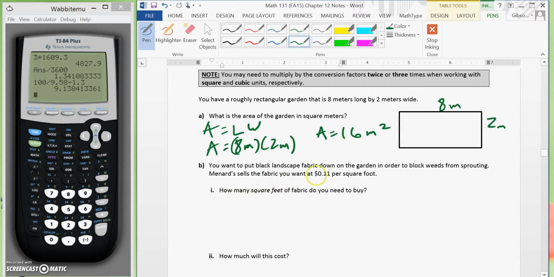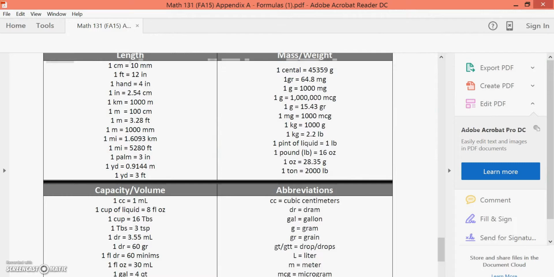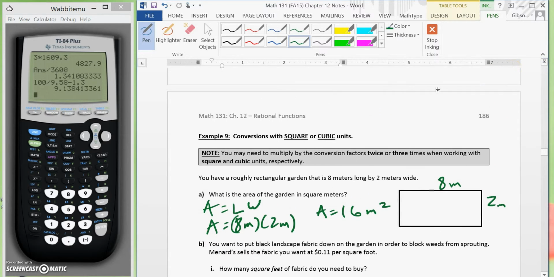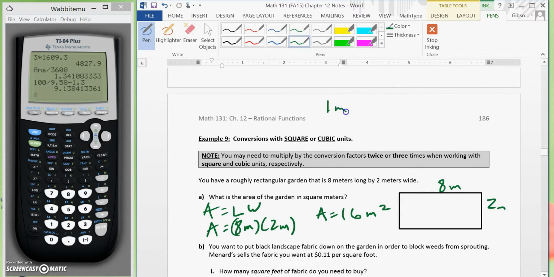Okay, so now what we need to do is look at our chart. And if we look here, we do have meters to feet. So remember, we want it to be square feet. So we would have to square both sides. I have 1 meter equals 3.28 feet, but we want to make these square units.